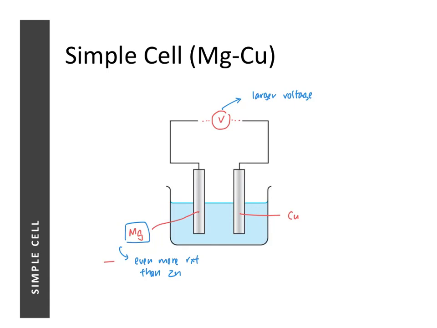Now, essentially, what are we trying to learn from this example is this: the voltage in a simple cell can actually tell us the difference in reactivities of the two metals in the electrodes.